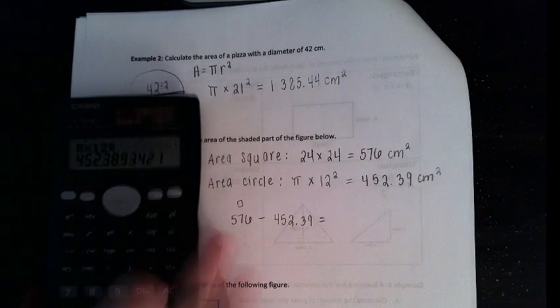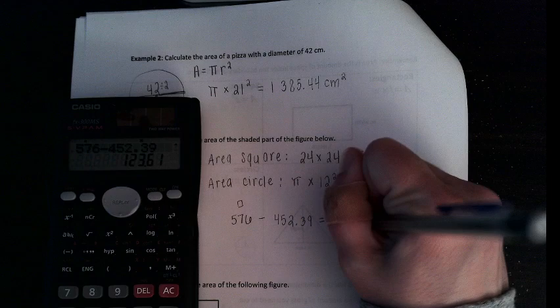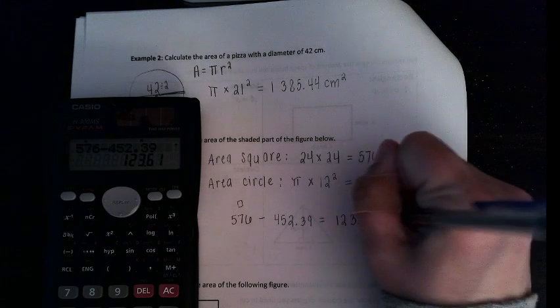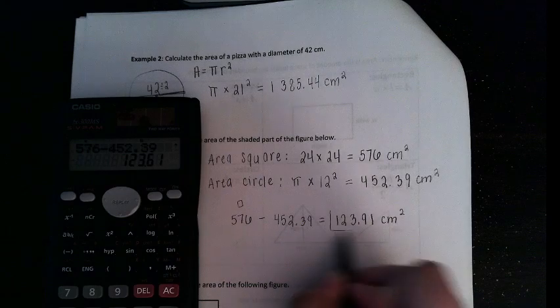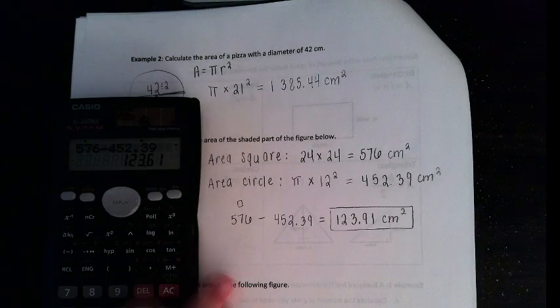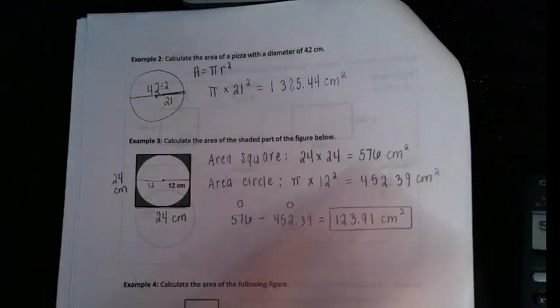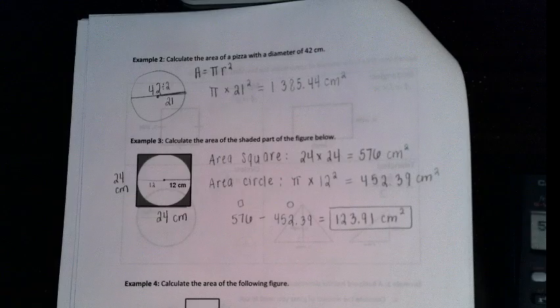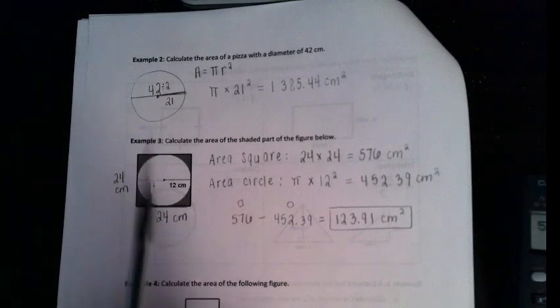So our total leftover area is 123.91 centimeters squared. So that's the area that's left when we take the square and we subtract the circle. So this is an example where you're subtracting the area to find what's left.